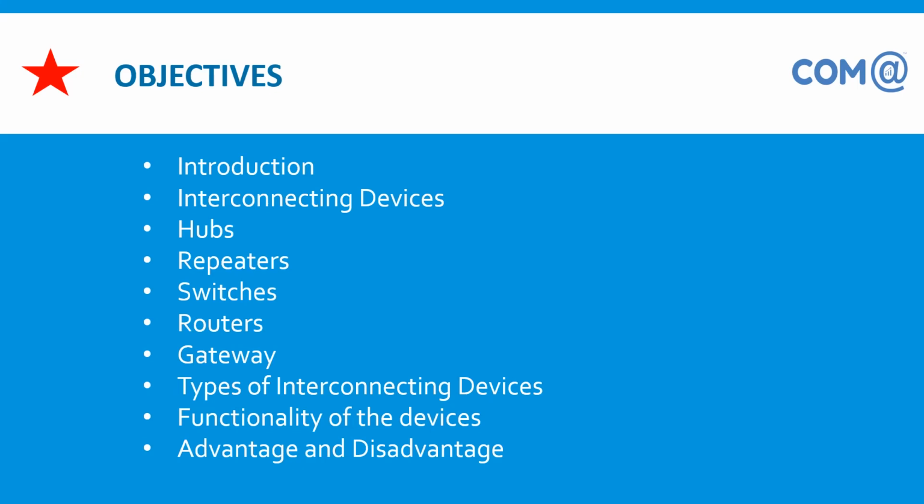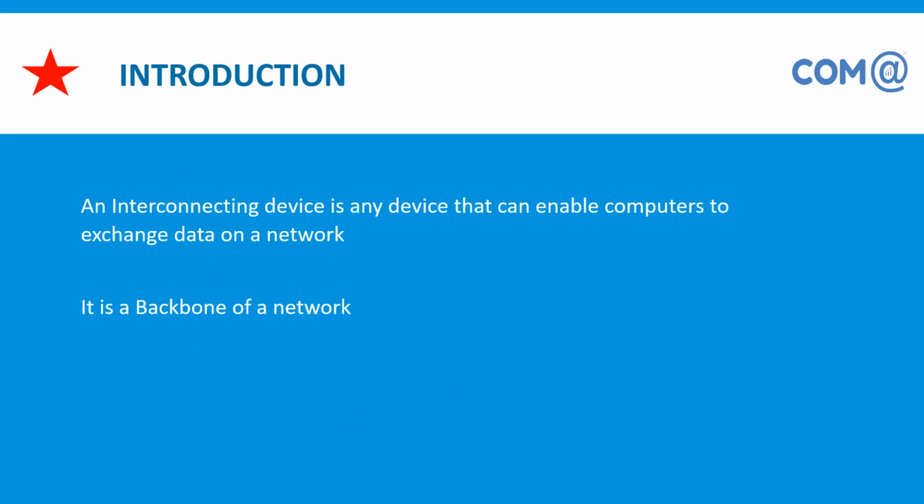We have different devices available like hubs, repeaters, switch, router, and gateway. They are used based on your different types of network topology or network design, and based on the requirements also. We'll see the advantages and disadvantages of these in later slides.